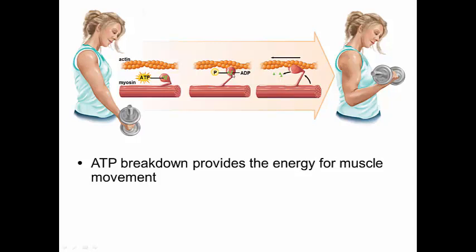Myosin reaches out, grabs onto actin, and it does so because we have taken the third phosphate from ATP and removed it. You can see here we have ATP and myosin in its original state. Here we have ADP, a molecule with very little energy, and we have myosin in what's referred to as the cocked state.